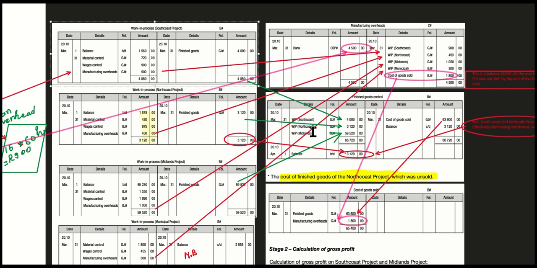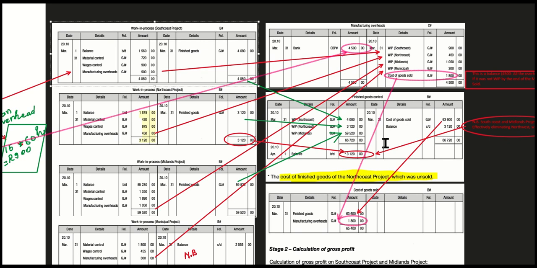When we're looking at the finished goods, on our left-hand side, depending on how you're looking at it, you would have your work in process for the South Coast, the work in process for the North Coast, and the work in process for the Midlands. Why? Because these were the ones that were completed. Granted, they were not sold.